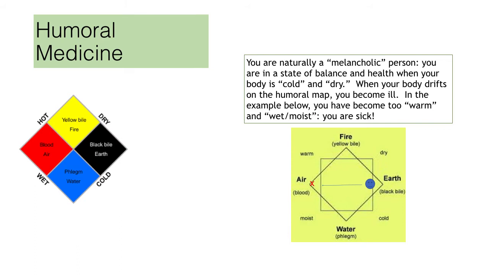So the physician knows that in order to get this patient healthy, he needs to get rid of whatever is in the body that is warm and wet, which means that he's probably going to bleed the patient. Now, as he lets out blood, that patient becomes cooler and drier and drifts back towards the smiley face, which is his normal state of health.